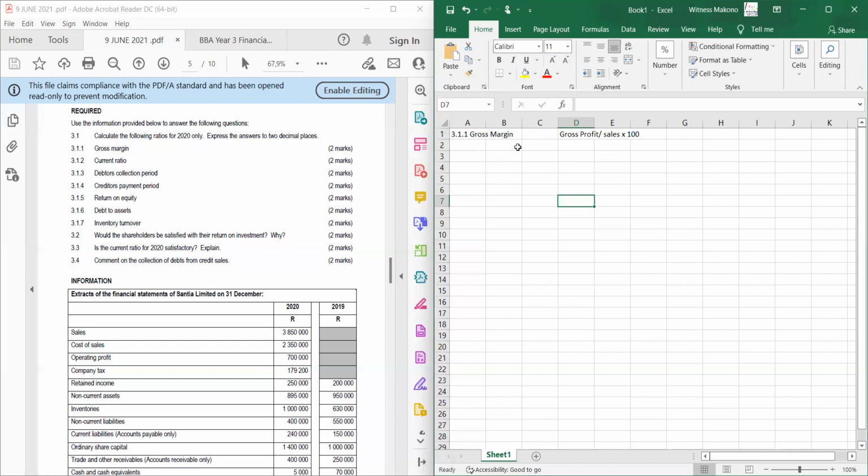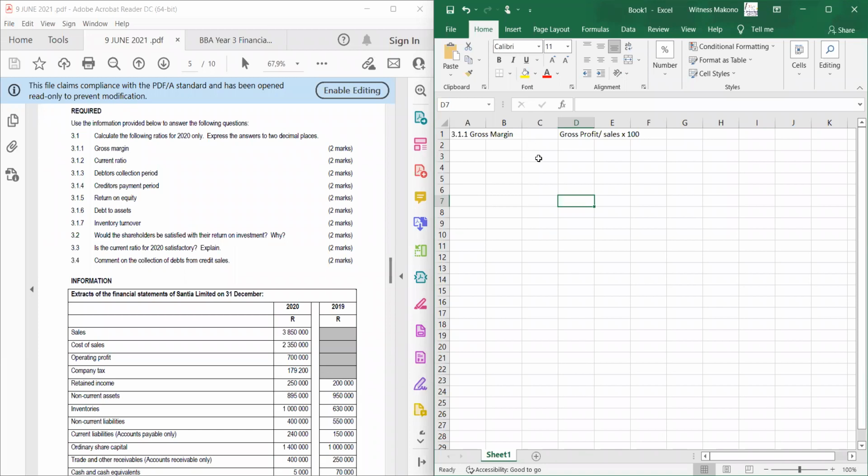Wherever you see a ratio that says margin, profit margin, it means the denominator is sales. So this one is gross margin. It therefore means it's gross profit over sales. Then if it's profit margin, it therefore means net profit after tax over sales times 100 over 1.